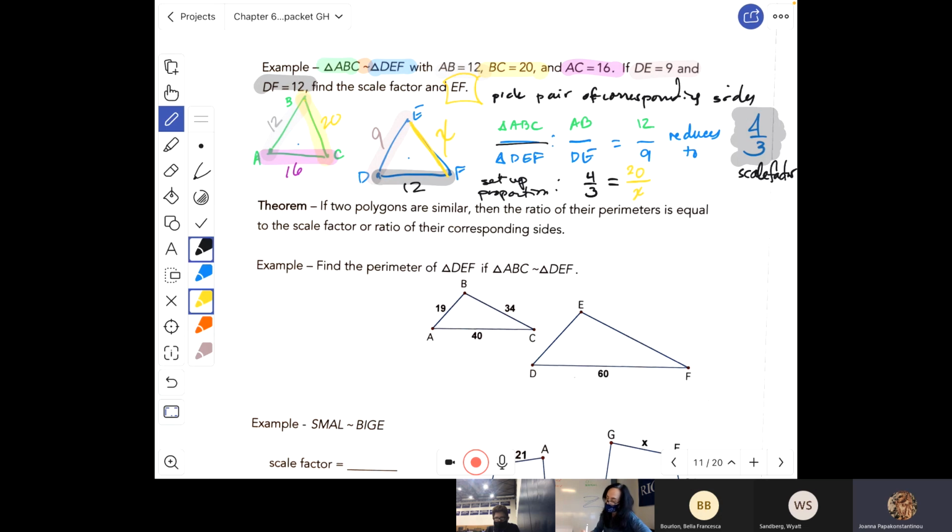So all I have to do is solve that proportion. Remember, cross multiply. So 4x equals 60. Divide each of those by 4 implies x is what? 15. So we found the scale factor to be 4/3 because of the way we chose to write the ratio of the two triangles. And then we found EF to be 15.